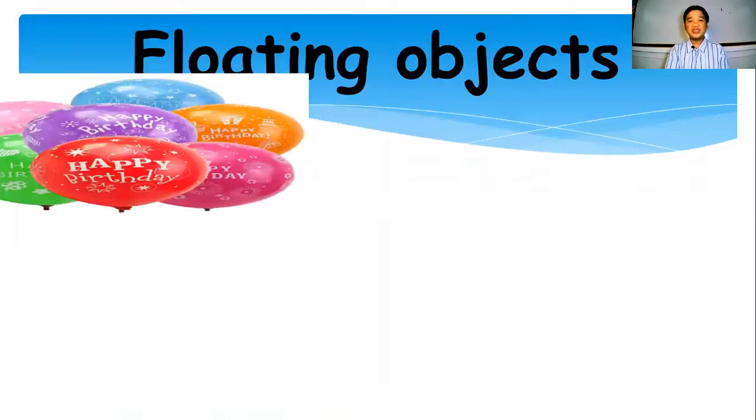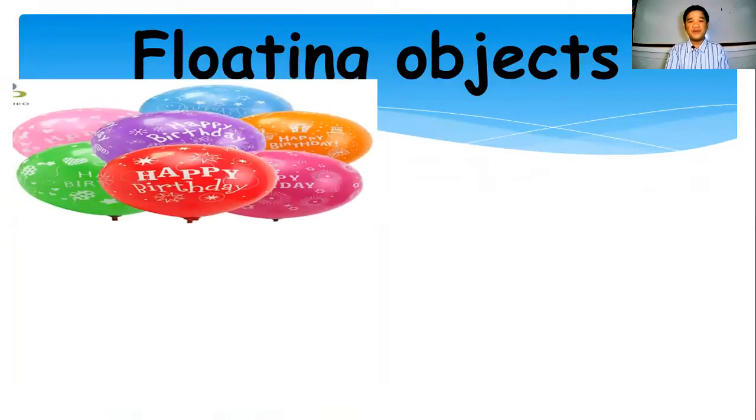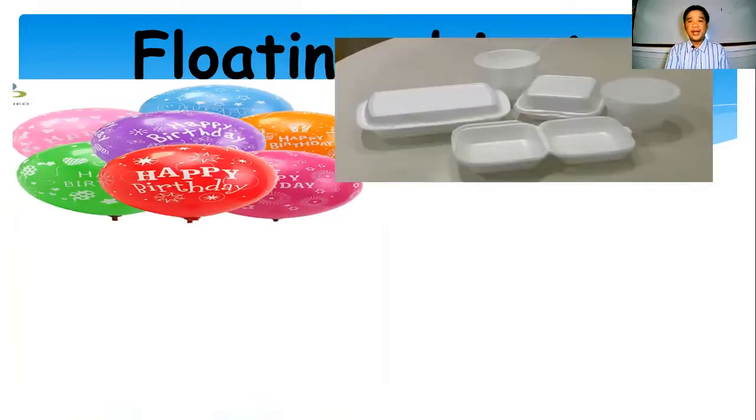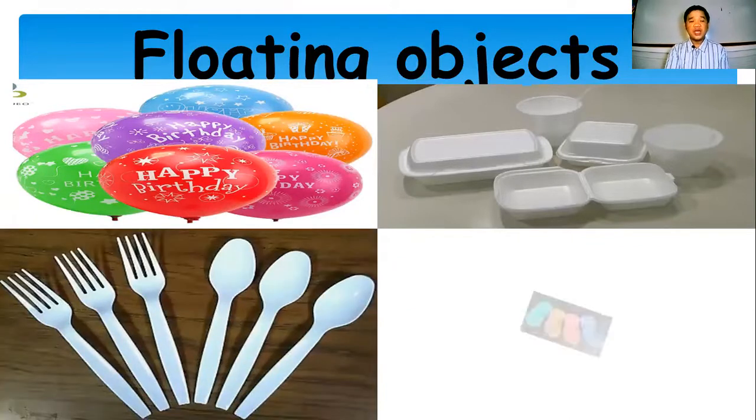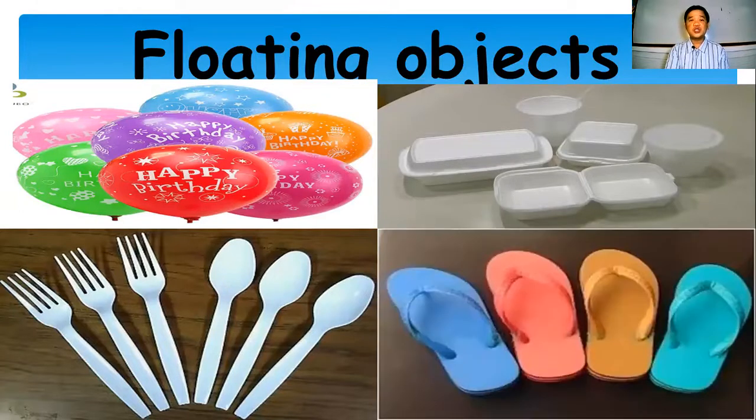So I'll show you examples of floating objects. These are examples of floating objects such as the balloon, the styrofoam, the disposable plastic spoons and forks, or even the rubber. Therefore, when we say floating objects, those objects made of plastic, cellophane, rubber are the things able to float.